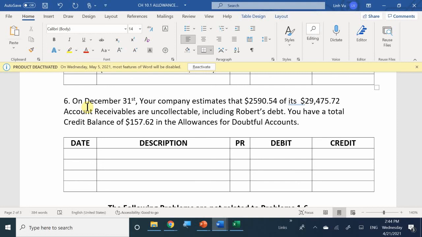And you currently have a total credit balance of $157.62 in the allowance for doubtful accounts. So how are we going to journalize this?